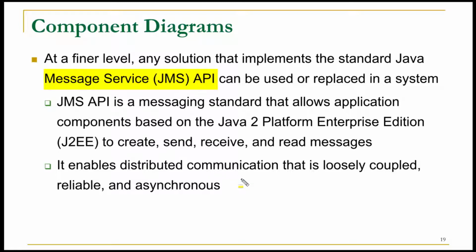It enables distributed communication, which is very loosely coupled, reliable and asynchronous. By distributed we mean that these objects are placed at different geographical positions and still they can communicate with each other.